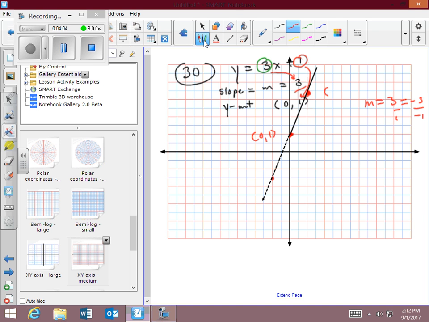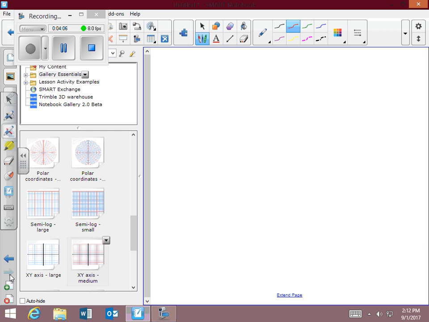So 32. You got y equals 2/5 x minus 2. So your slope, m, is 2/5.